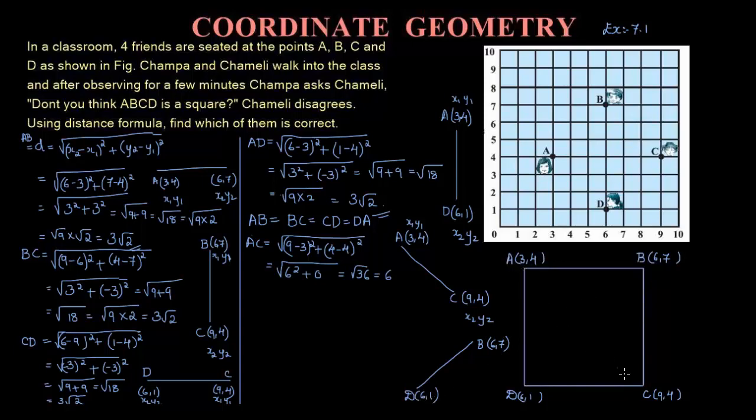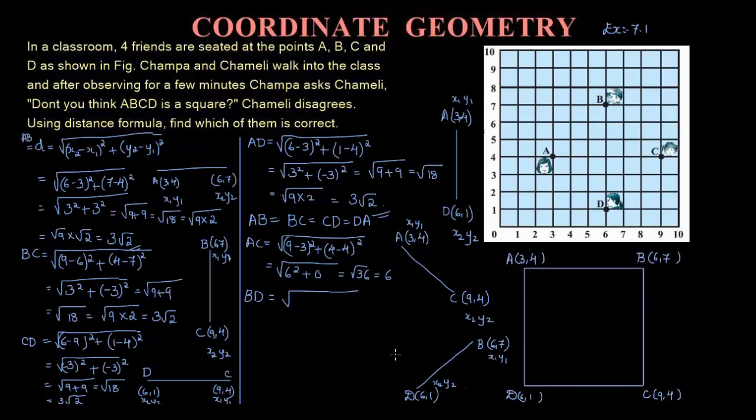So I'm just talking about the line which will divide this square into two equal parts, right? So if I am coming to the diagonal BD, let us specify this as x1, y1, and let it be x2, y2.